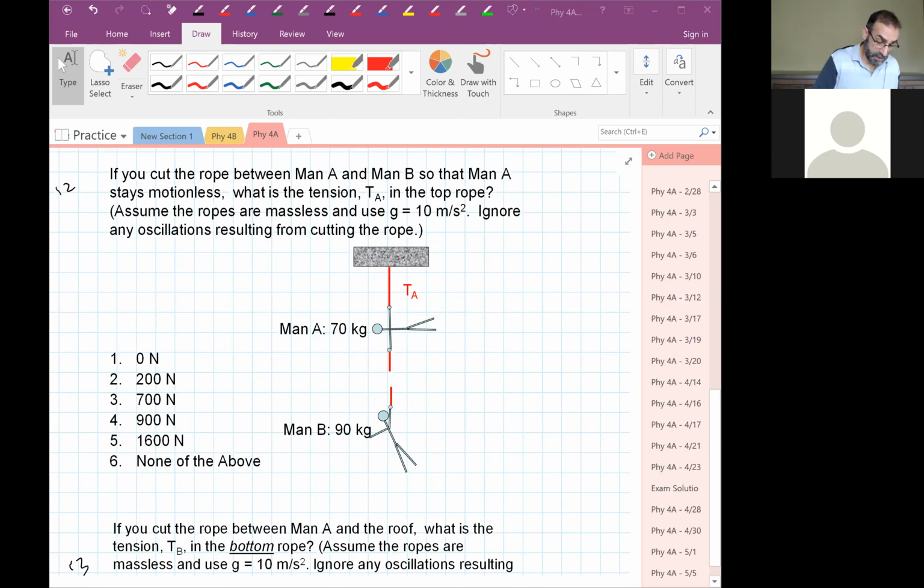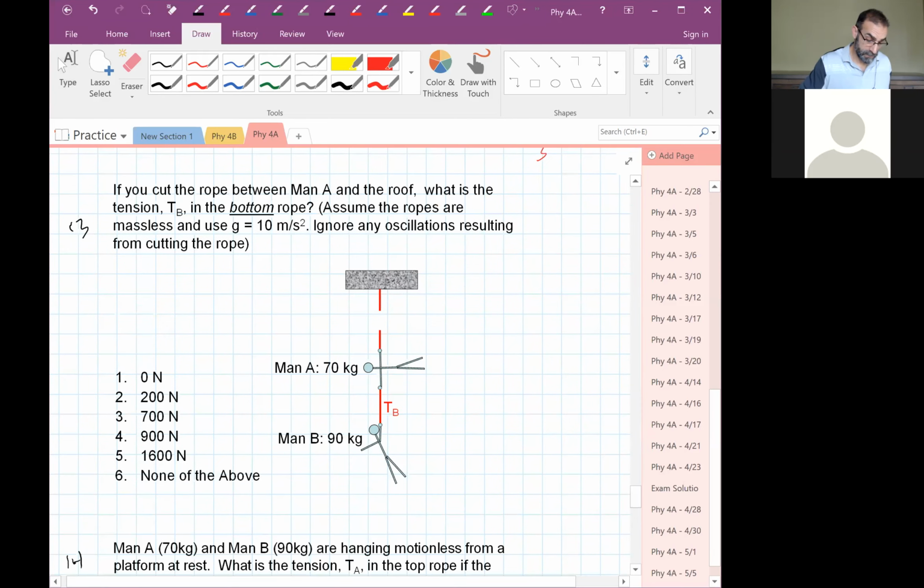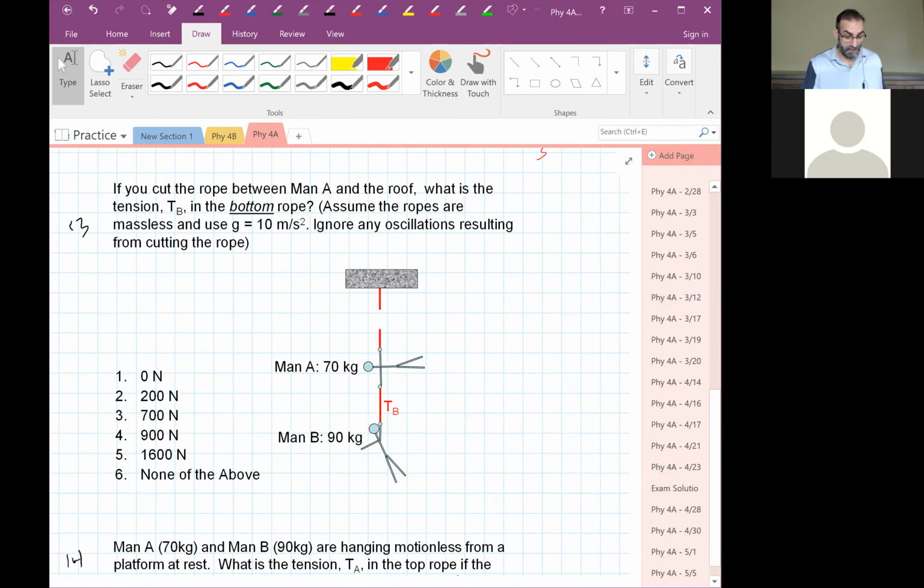So 700 newtons there. Okay, now we've got A and B hanging there, and we cut the rope above A. What's the tension in rope B?